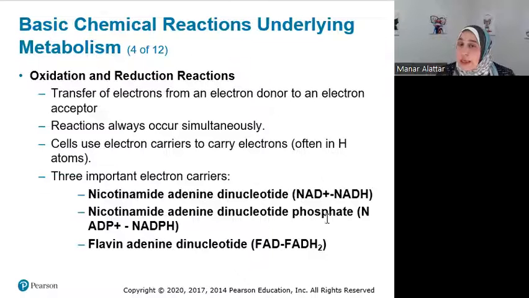We have NADP+, which becomes NADPH, and we have FAD, which becomes FADH2, okay? And these molecules allow us to move electrons around so that we can get our end product, which is ATP, or adenosine triphosphate, which is really our goal in terms of the energy currency of the cell, okay?